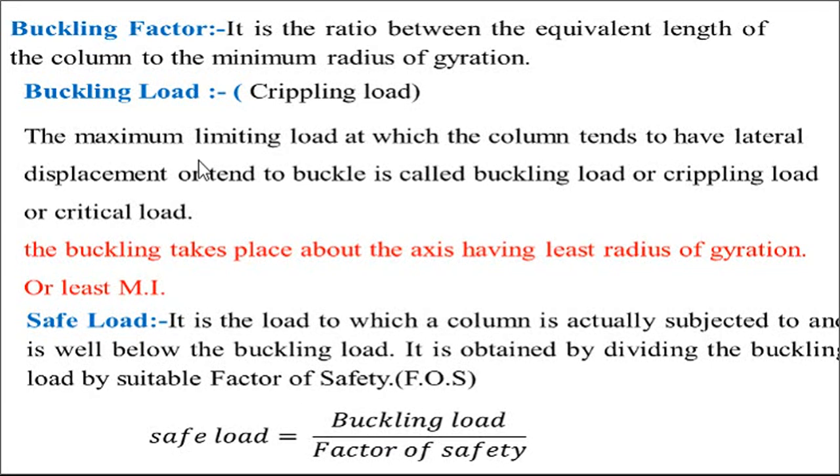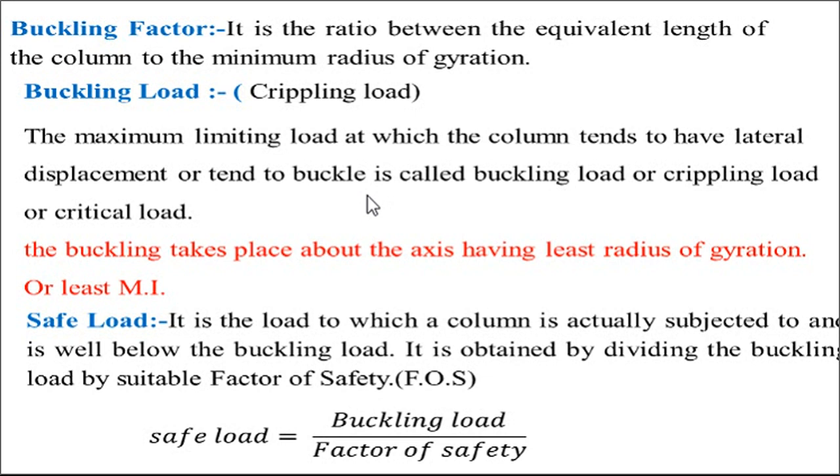And also, in another way, the maximum limiting load at which the column tends to have lateral displacement. Maximum load at which a column will bend in the lateral direction, or tends to buckle, right?